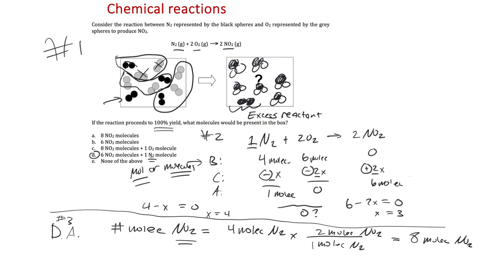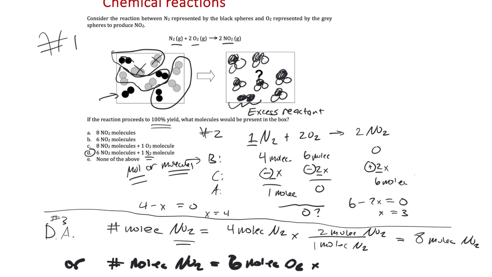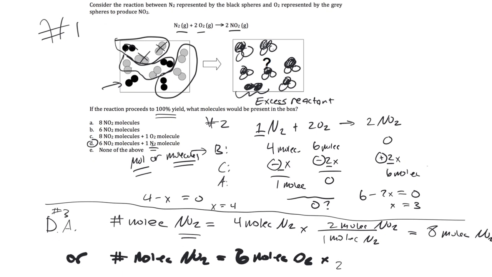And what about if I consume all of the O2? I zoomed out too much, my pen got bigger. Whatever, there's no easy way to change it. Number of molecules of NO2, if I consume the 6 molecules of O2 that are initially present, the ratio is for every 2 molecules of O2 that are consumed, we produce 2 molecules of NO2.